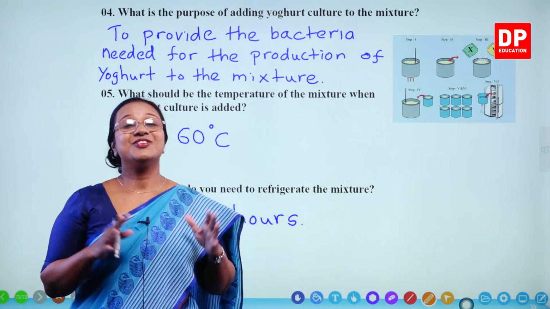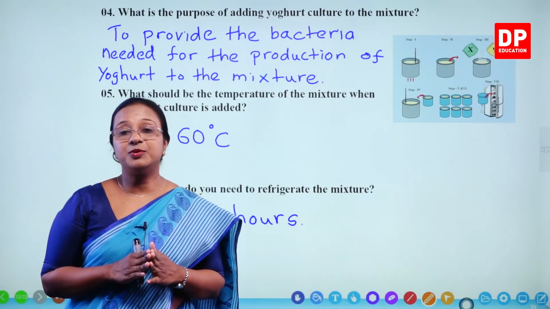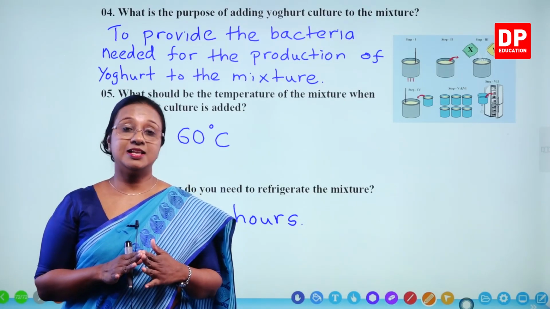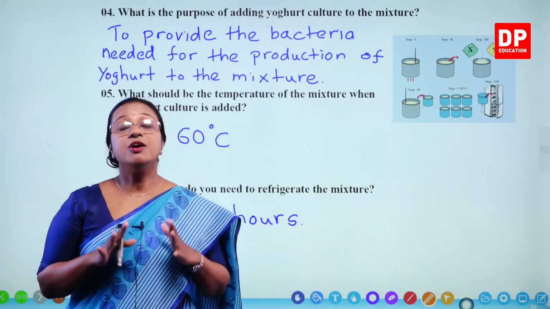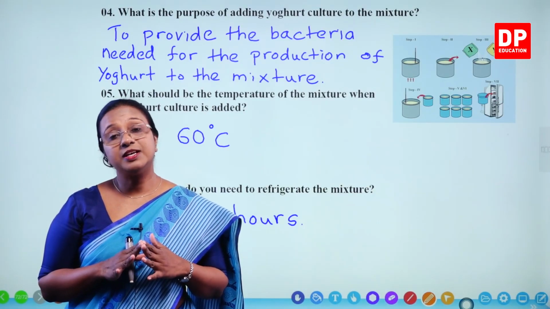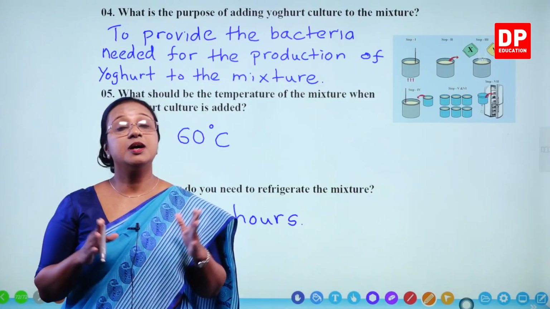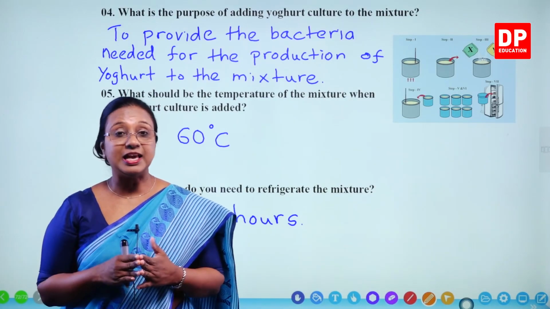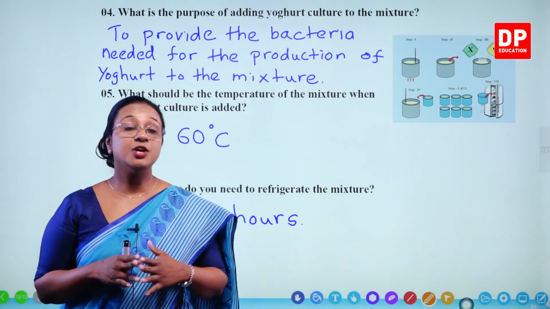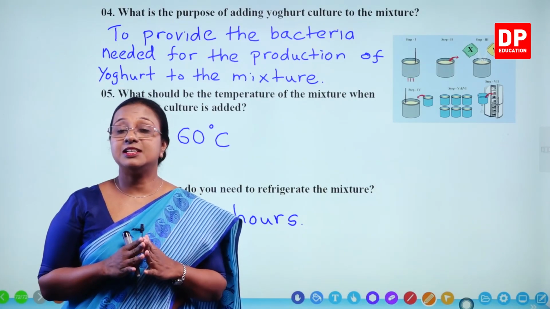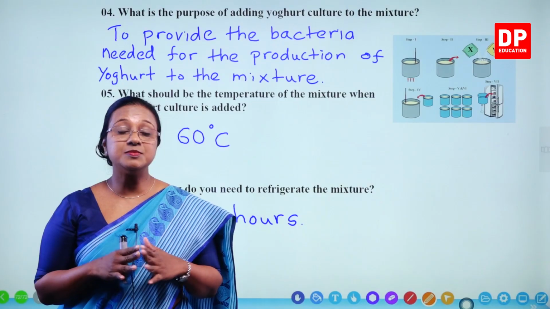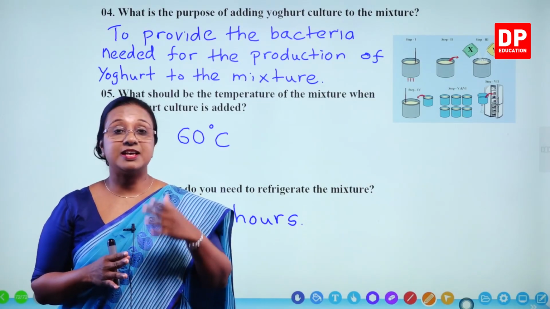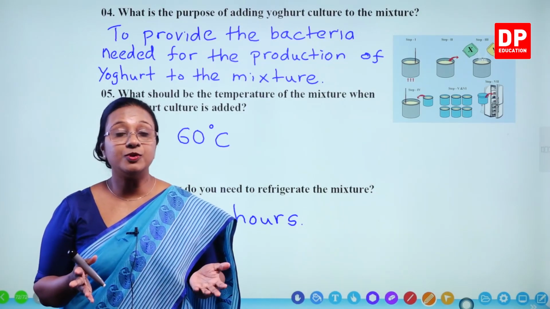Okay, students. So with that, I have come to the end of this lesson. So this is your first lesson of the grade 9 science textbook, Microorganisms and their applications, or applications of microorganisms. So under that, we discuss the different types of microorganisms, then their beneficial effects as well as the harmful effects.